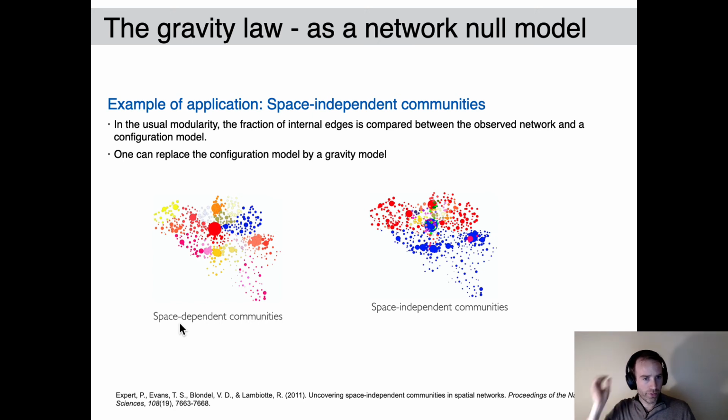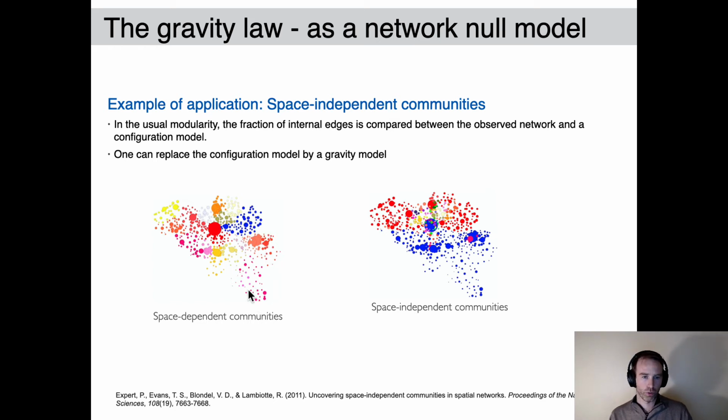They computed communities first. This is a network of cell phone communication in Belgium. So they have, again, the number of phone calls between any two cities in Belgium. And on this network, first they applied the normal Louvain algorithm, and they got these communities with colors. And you can observe that these communities correspond to geographic areas.